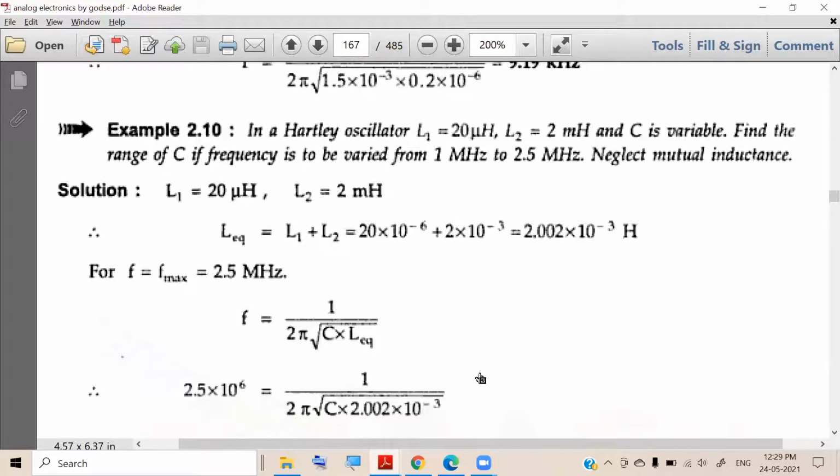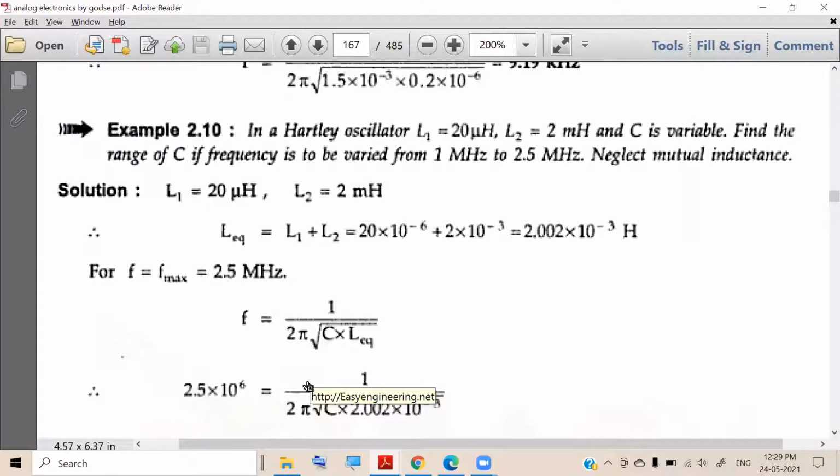So please answer, what is the C value you are getting? Fast, please. Students, please answer. Easy calculation. Fast, please. There is a lot of syllabus that we have to complete very fast.